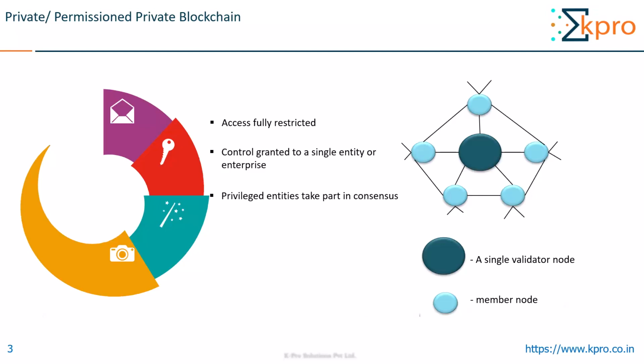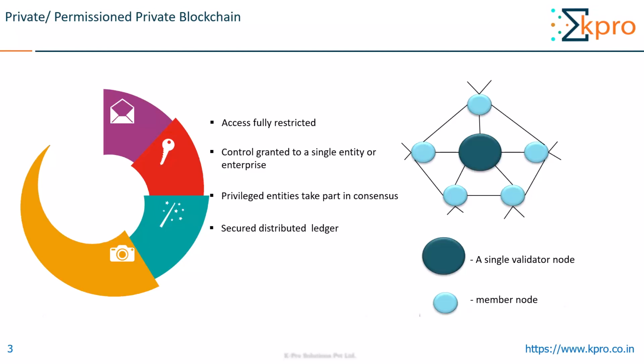Also, only this validator node or the privileged entity can take part in the consensus process. Thus, in the true sense, it cannot be called decentralized, but only a secure distributed ledger.